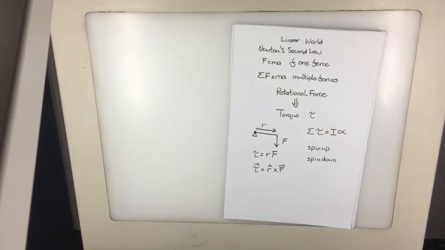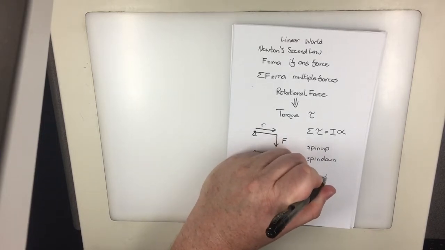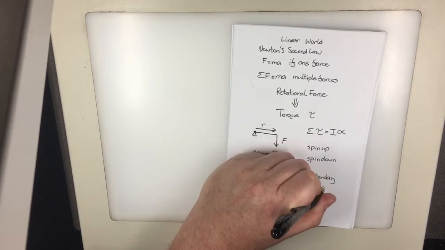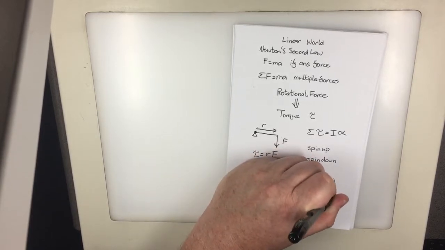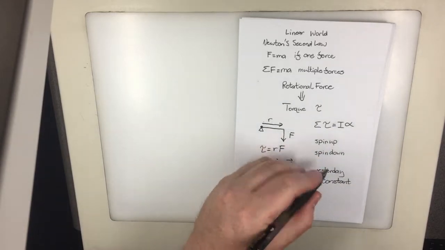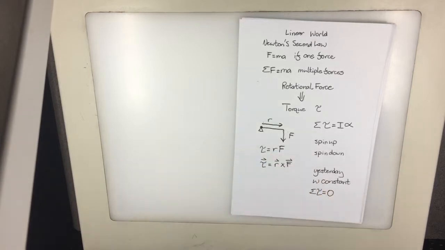Yesterday, in the examples that we were doing, omega was a constant. Because omega was a constant, the sum of the torques is equal to 0 because there was no angular acceleration.